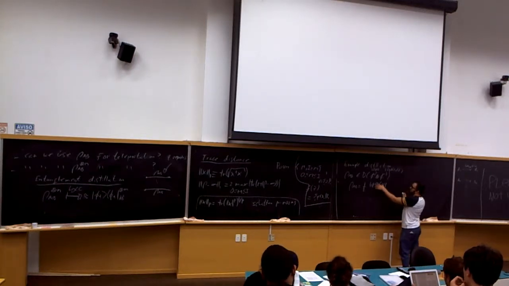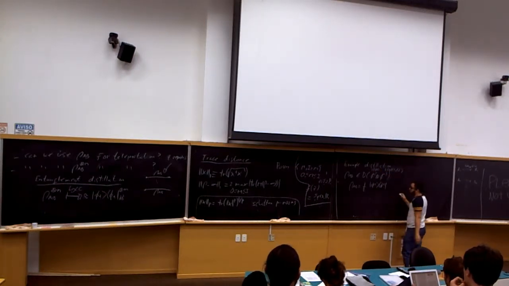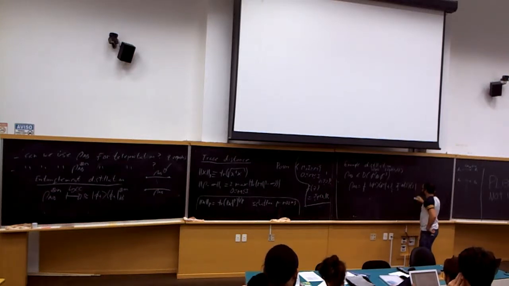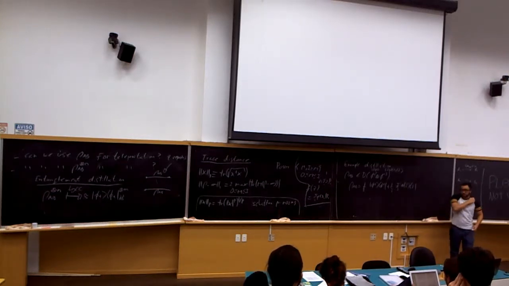This is a maximally entangled state with the subspace 0 and 1. And with probability half, Alice has the maximally mixed state, for example, and Bob has the state 2. So that's their quantum state.